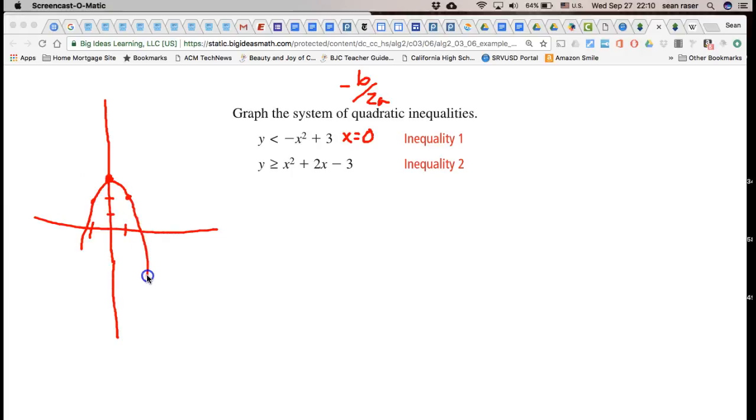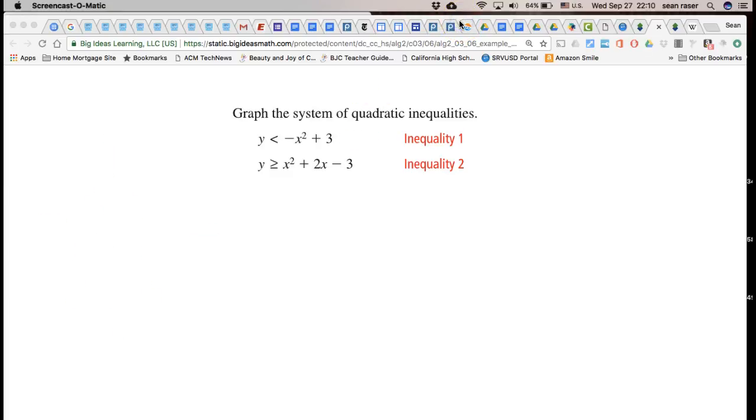Again, I'm sketching this right now, so the lines are a little crooked, but you can get the general picture of it. Now, in this one, because this is a less than and not less than or equal to, we would have a dotted line.